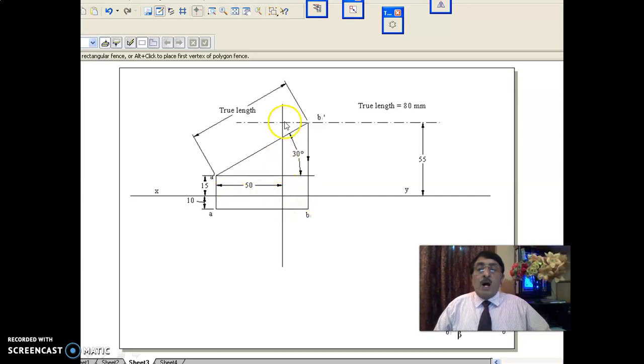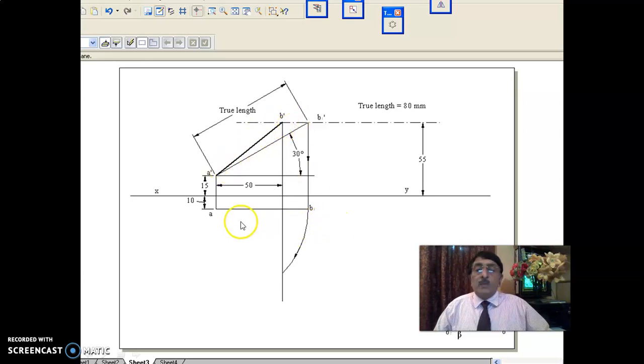That means on this line you should get both the front view point of B and the top view point of B. Now, since this is given, this point has to be B dash, the front view of the line.